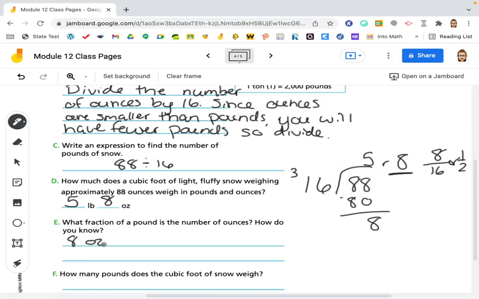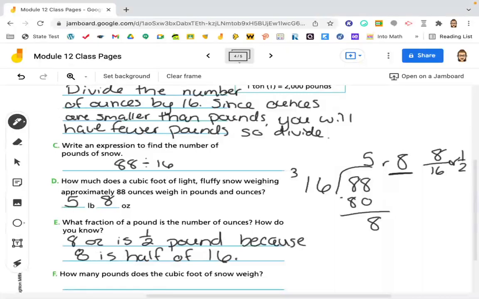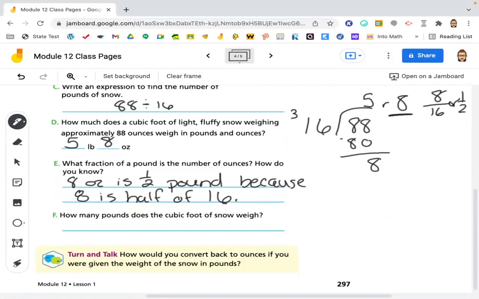So 8 ounces is half a pound because 8 is half of 16. So how many pounds does the cubic foot of snow weigh? Well, it would weigh 5.5 pounds.